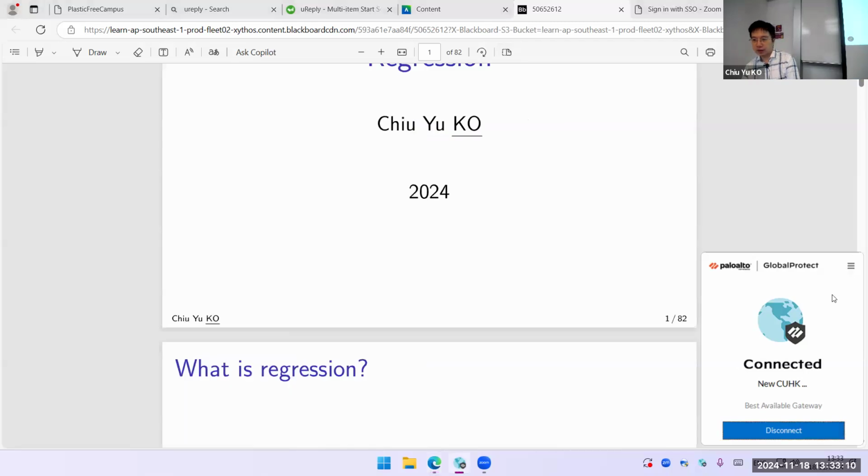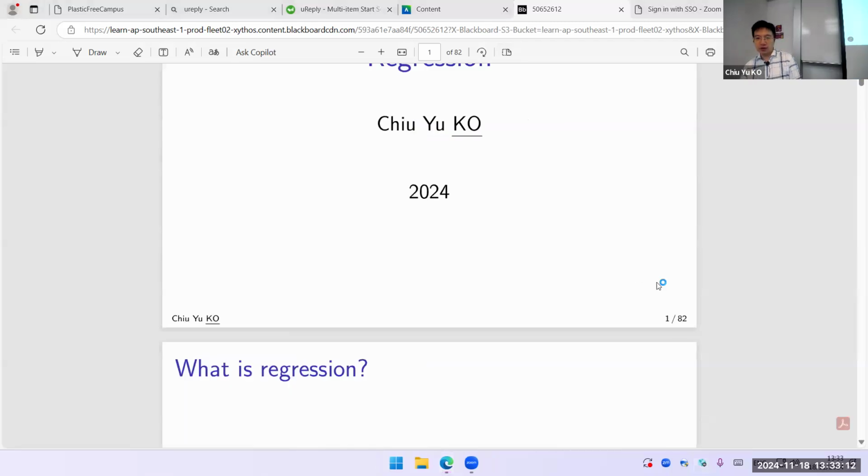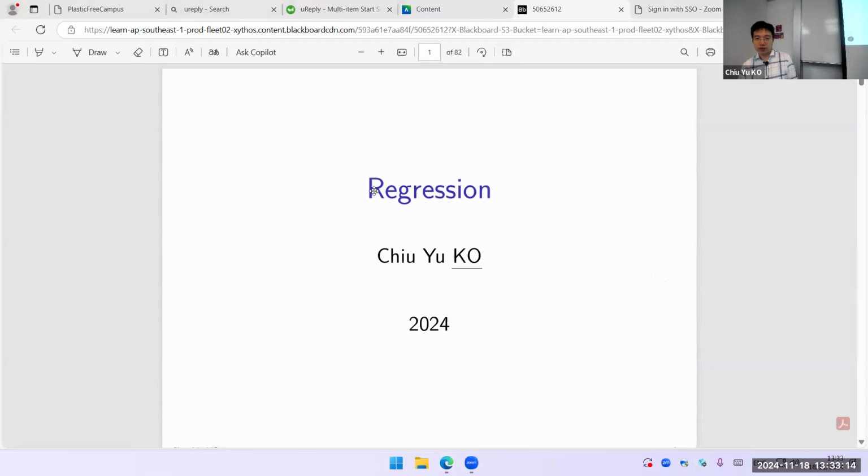So as you probably know, the last topic is regression. As I mentioned last class, this is one of the most important chapters in our course. And if you want to take a second class in analyzing data, that will be an extension of all the regression models.